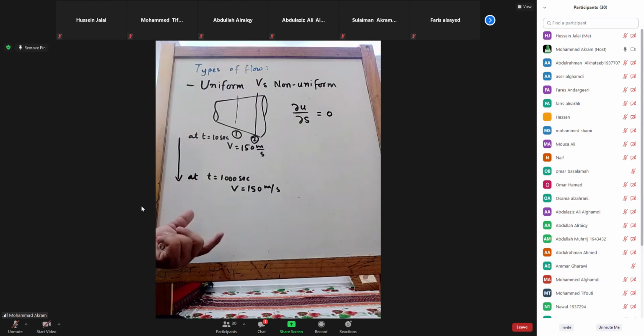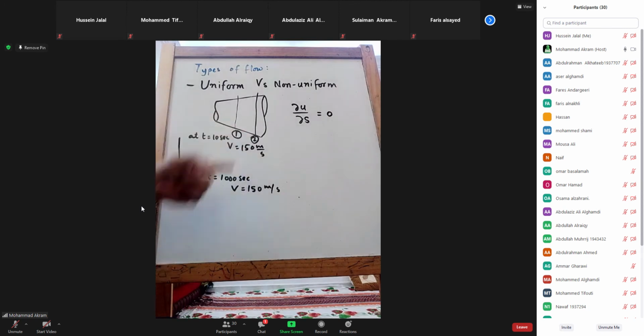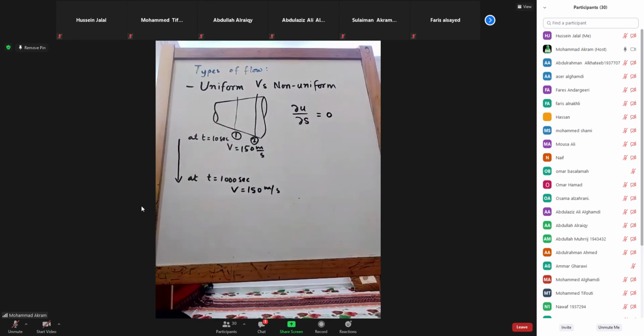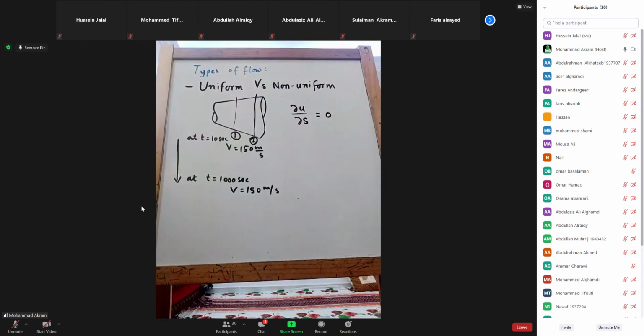Or you can say by considering it at two different locations, 1 and 2. So if the velocity is not changing between 1 and 2, then it is called uniform.